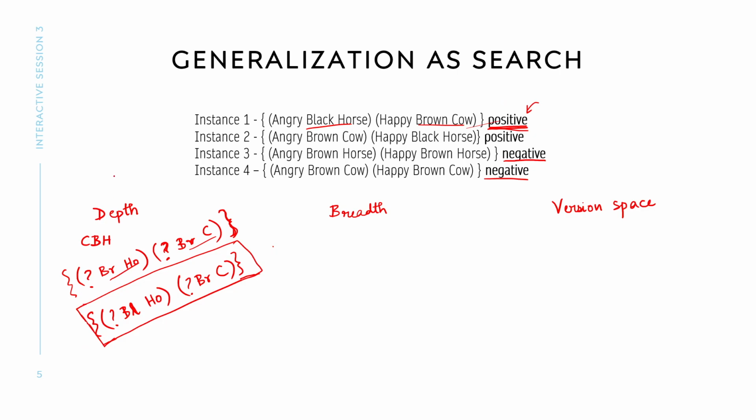So I'll tell you the easy way to do it. By easy I mean the most foolproof way: you see instance one, so immediately you assume it to be the current best hypothesis. So my current best hypothesis right now is angry black horse and a happy brown cow.